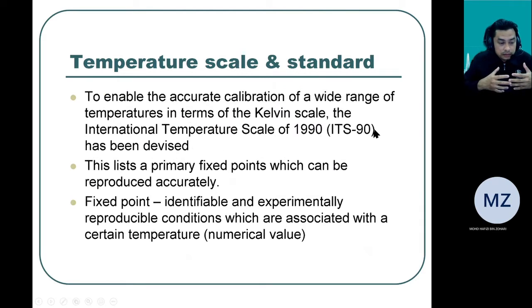And then, of course, if we deal with temperature measurement, we need a standard measurement, standard values, so that we can use those standard values for calibration. For example, if we look at length, we have 1 meter. So what is 1 meter?